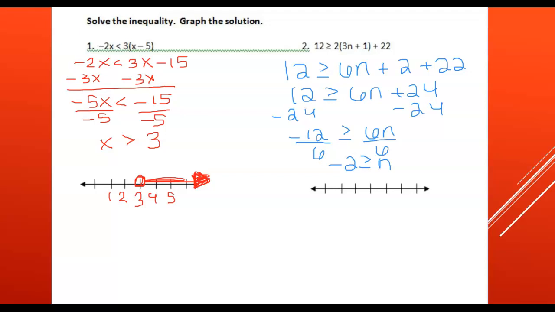So -2 is greater than or equal to n. Well, that's the same as saying n is less than or equal to -2. Remember that the transitive and symmetric properties still apply, so I can flip the side that it's on.